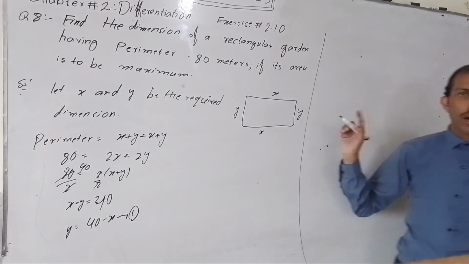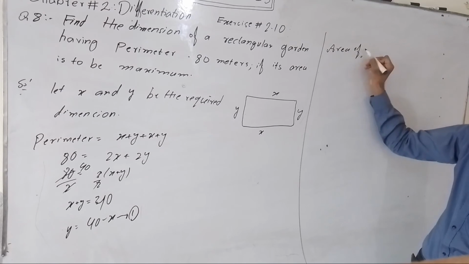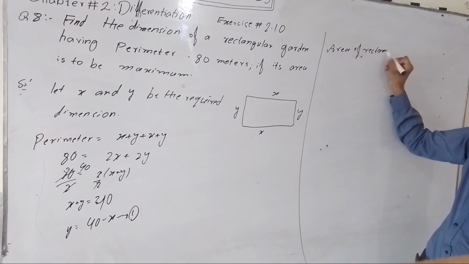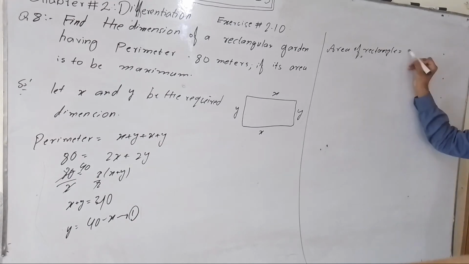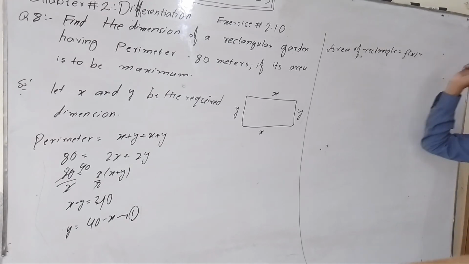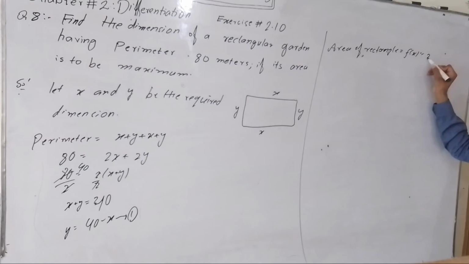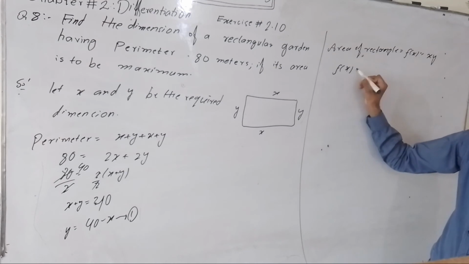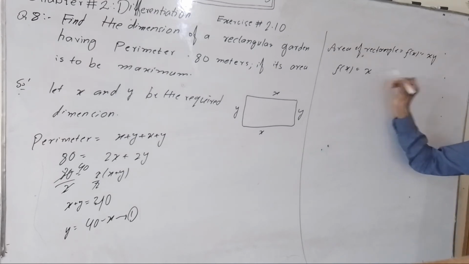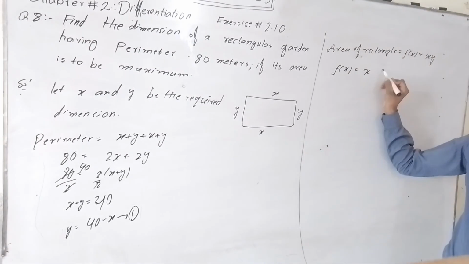Next, area of rectangle is equal to f of x is equal to length multiplied by width. So f of x is equal to x y, replace y with 40 minus x.